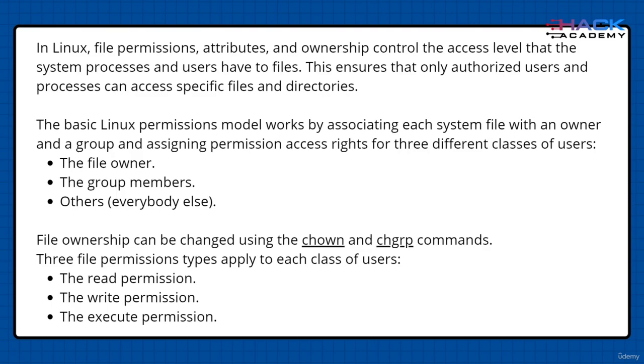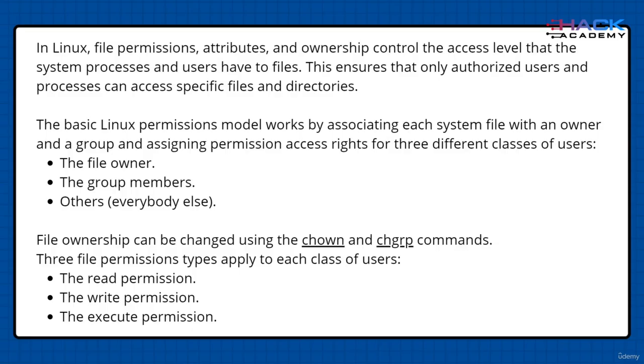This ensures that only authorized users and processes can access specific files and directories. The basic Linux permission model works by associating each system file with an owner and a group and assigning permission access rights for three different classes of users: the file owner, the group members, and others, which is everybody else.